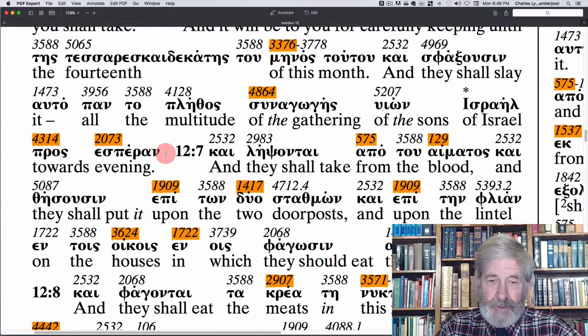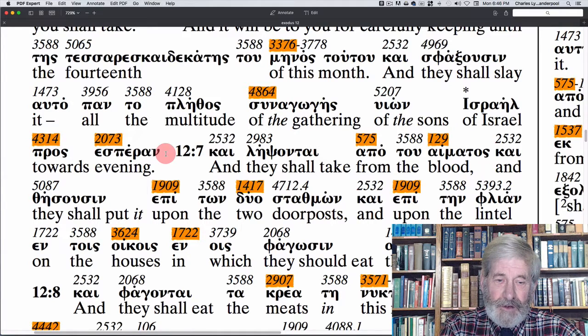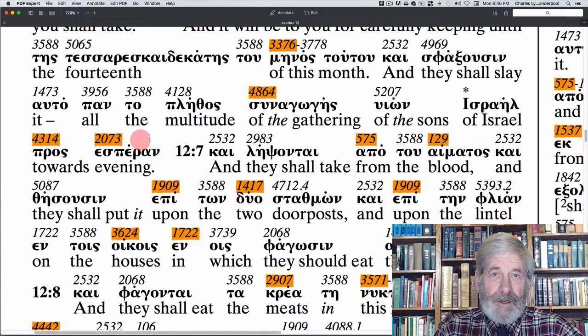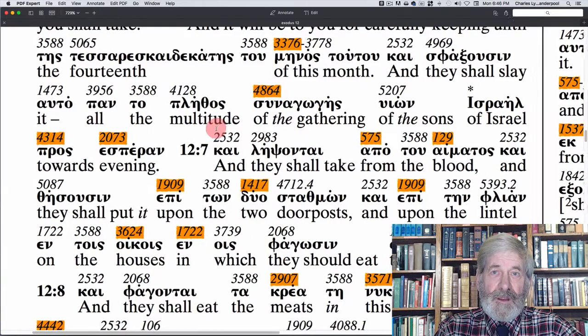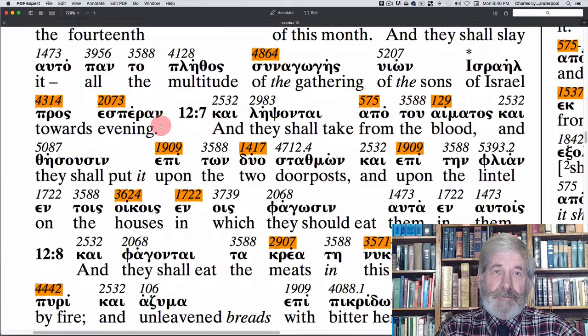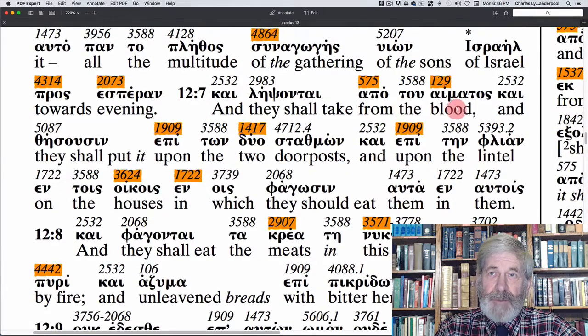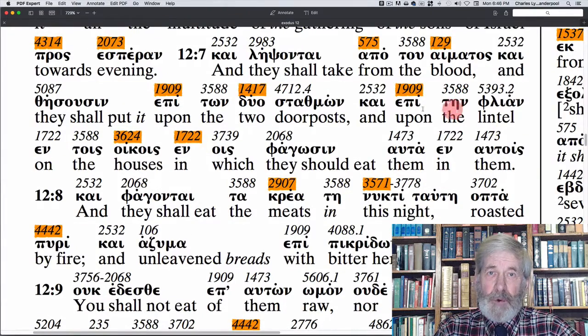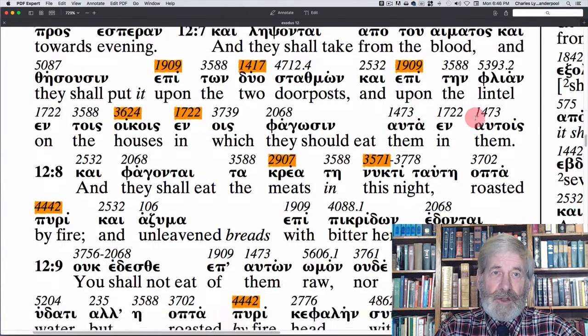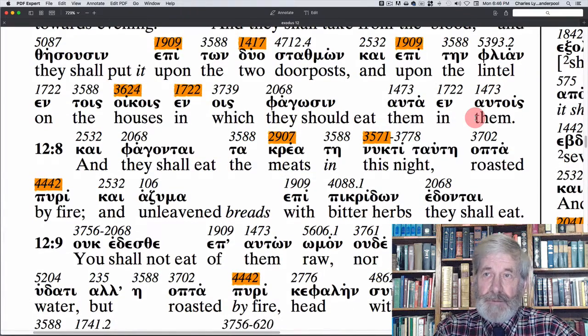So like I said, I'm throwing a lot of things out here, but basically they're to slay the provaton towards evening. It's getting dark, and they shall take from the blood, and they shall put it upon the two stathmon, the doorposts, and upon the lintel of the houses in which they should eat them.